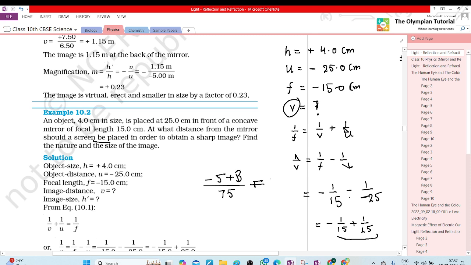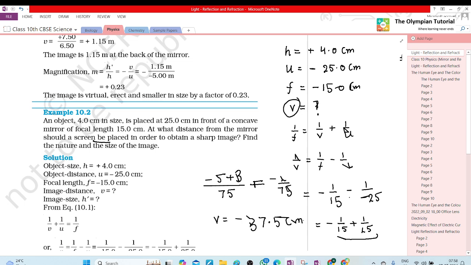So it will become minus 2 upon 75. Divide 75 by 2. We will get minus 37.5 centimeter.